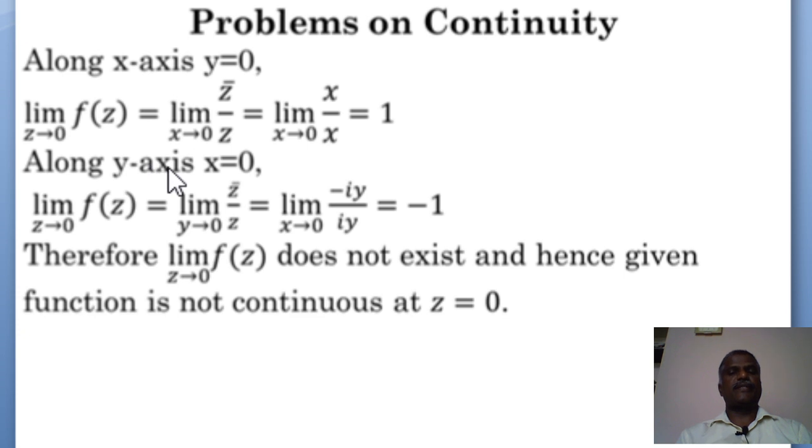Along the imaginary axis, x = 0, so the limit of z bar by z is minus iy by iy, that is minus 1. Here the limits are not the same. The limit of f(z) does not exist. Hence the function is not continuous at z = 0.